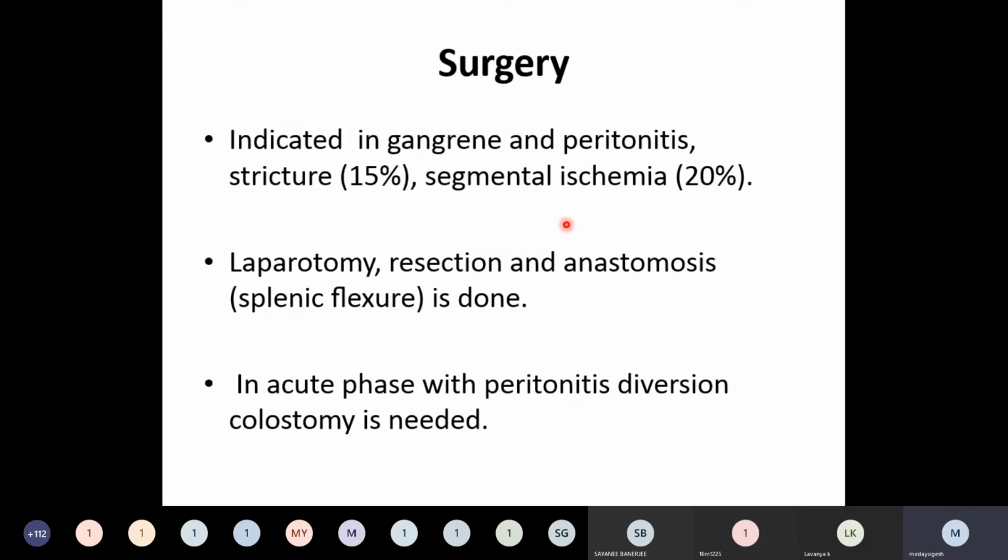And if the colon is highly precarious for ischemia again, it is preferable to cover the anastomosis by doing a diversion, ileostomy or colostomy. In the acute phase, where the patient has got peritonitis, it's not recommended to do a resection and anastomosis, and in such cases a diversion colostomy is what is required.